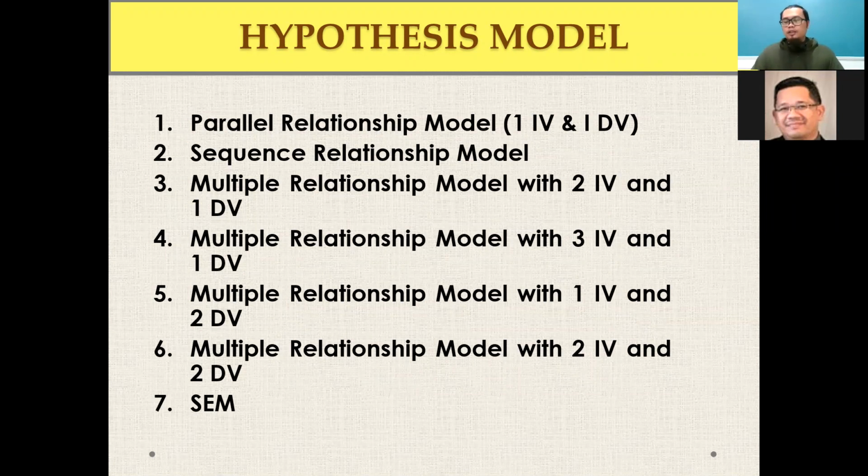Then sequence relationship models, multiple relationship models with 2 IV and 1 DV, multiple relationship models with 3 IV and 1 DV, multiple relationship models with 1 IV and 2 DV, multiple relationship models with 2 IV and 2 DV, and then number 7 is structural equation model. So we cover specifically these 7 types of the hypothesis model.